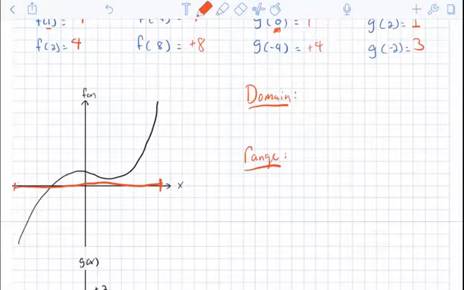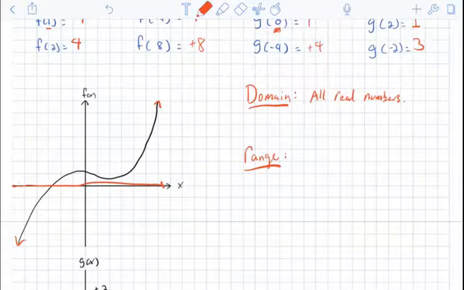Usually these graphs go off the page. Sometimes you'll see little arrows on the end like this, and that means it goes off the page. So if for any value of x there is a graph above or below it, we say that the domain is all real numbers.